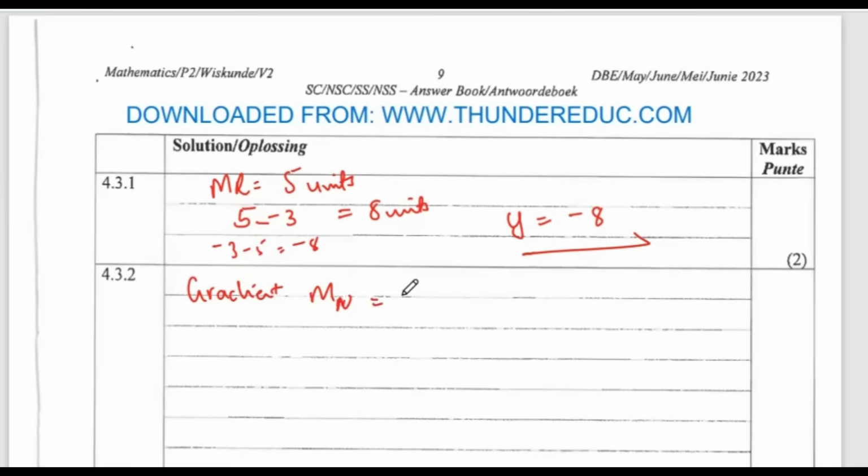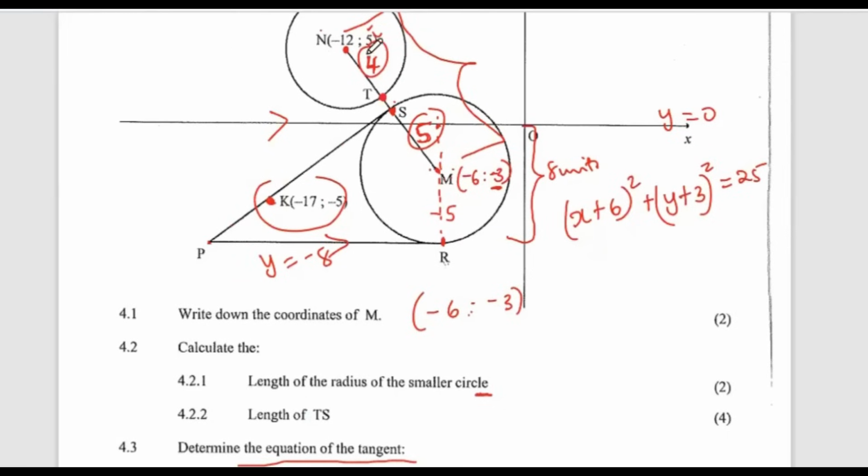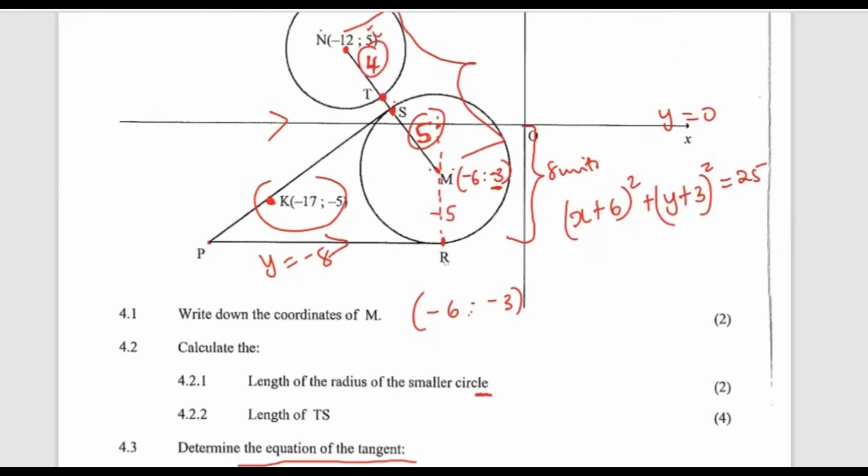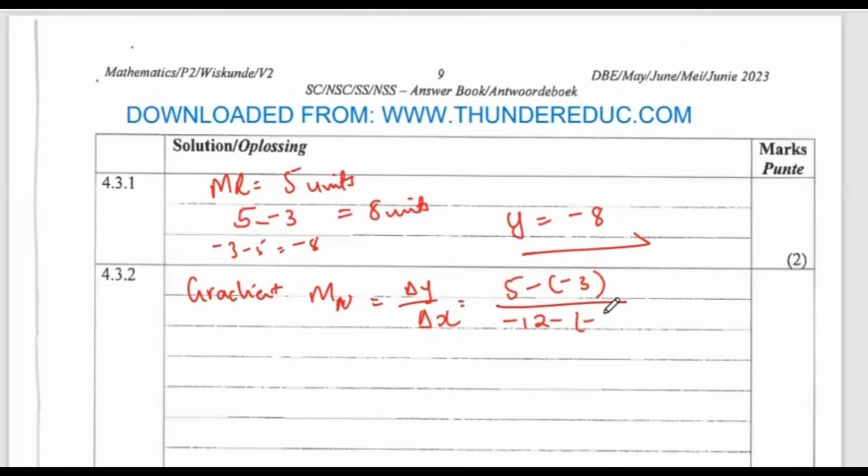So gradient of MN is going to be changing y over changing x. Then I'm going to have 5 minus 3 over negative 12 minus 6. Simplify that, that's going to be 8 over negative 6.